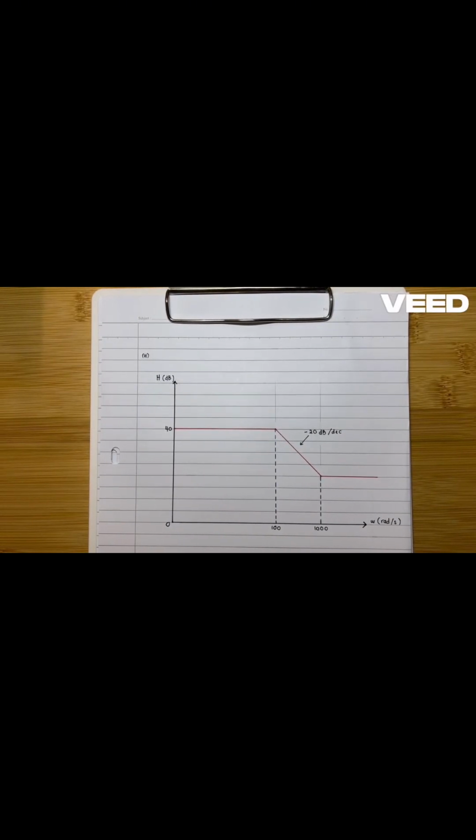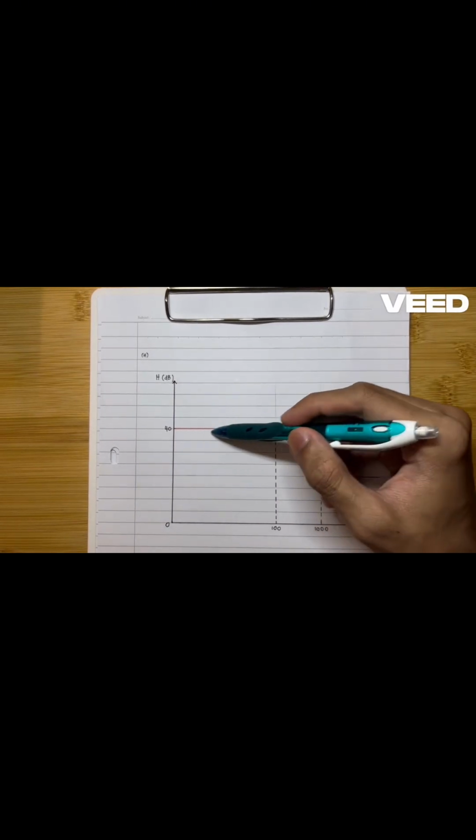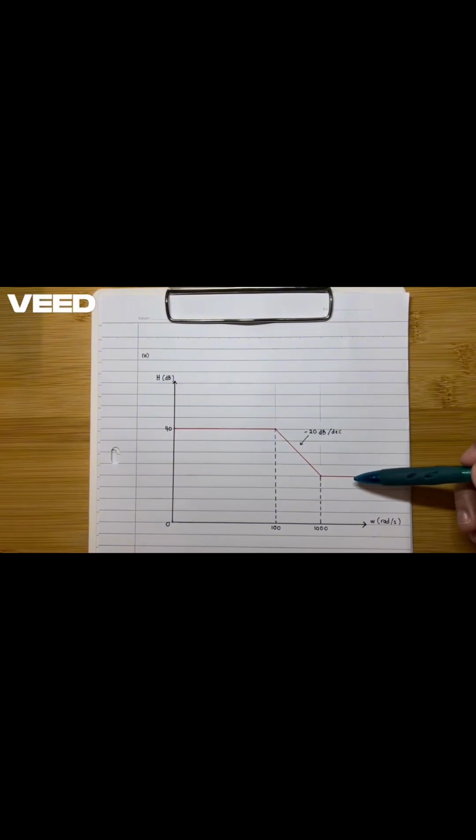So at the last line, we call this the high frequency region, and in this region, the magnitude gain is constant, approximately 20 dB, as it dropped 20 dB per decade from 40 to 20 in the previous section.